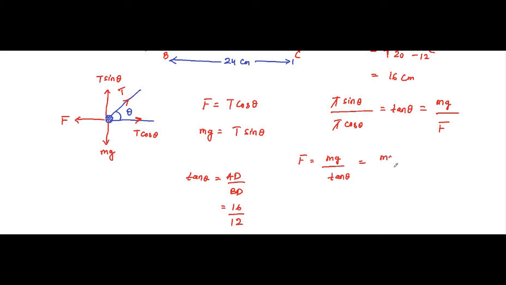So F is mg by 16 by 12, or we can say it is 12 by 16 into mg. Okay, so this is the electric force. F is equal to 12 by 16 mg.